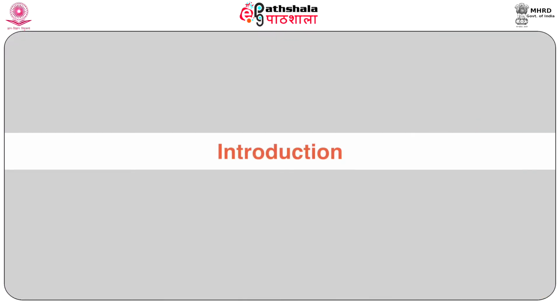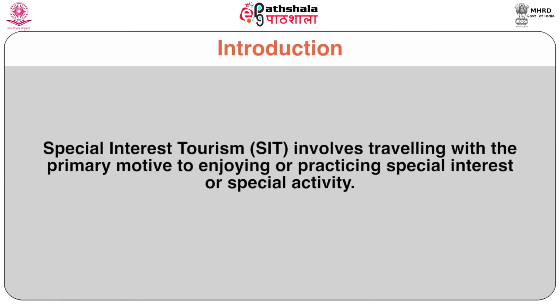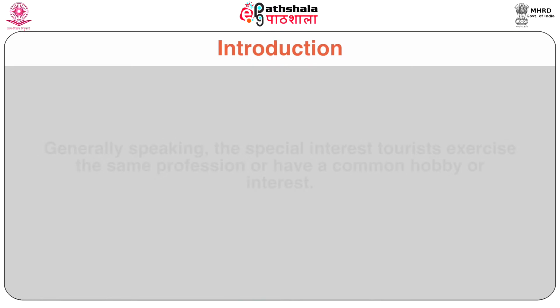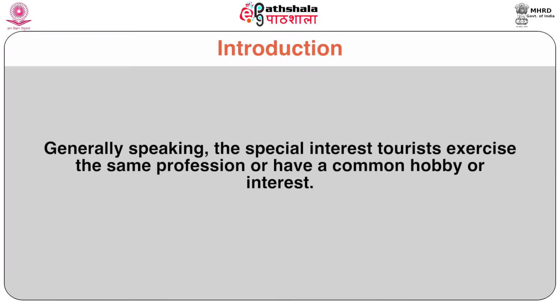Let's introduce the topic. Special interest tourism, SIT, involves traveling with the primary motive of enjoying or practicing special interests or special activities. Generally speaking, special interest tourists exercise the same profession or have a common hobby or interest.